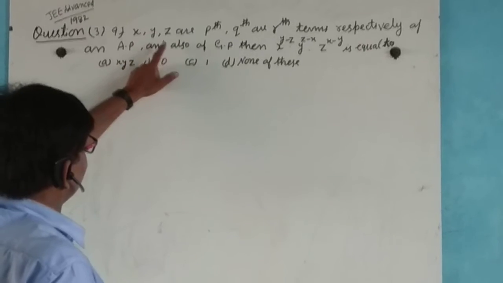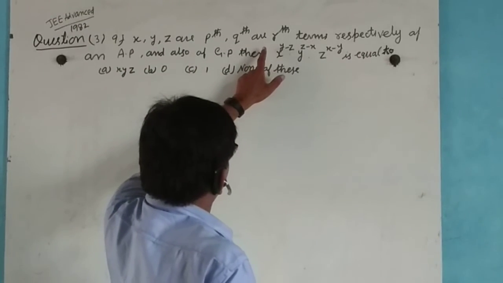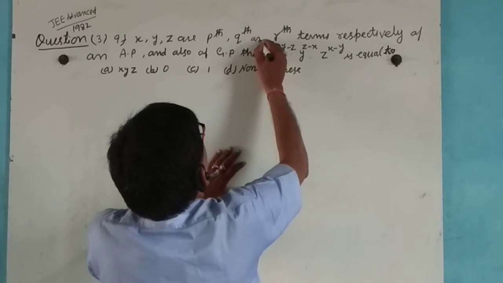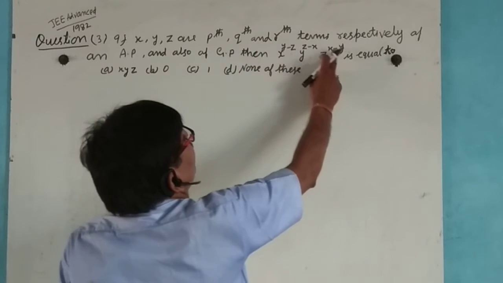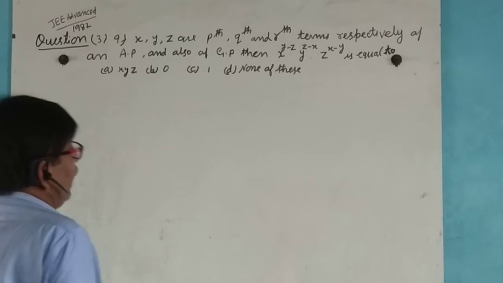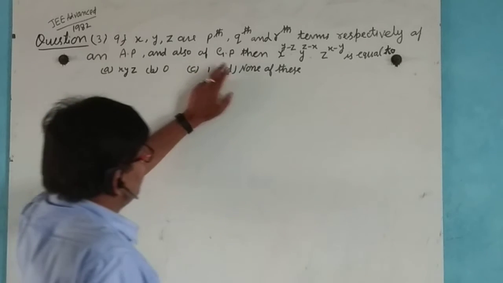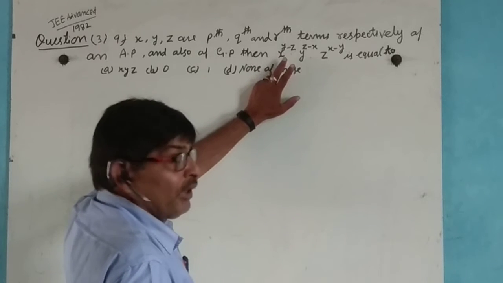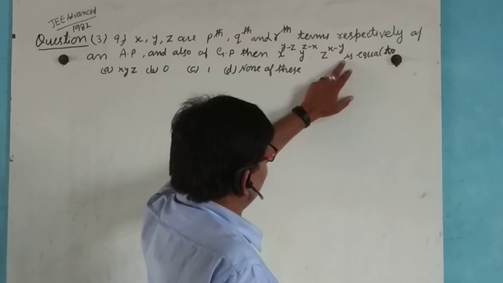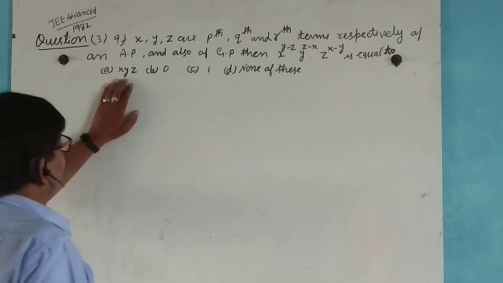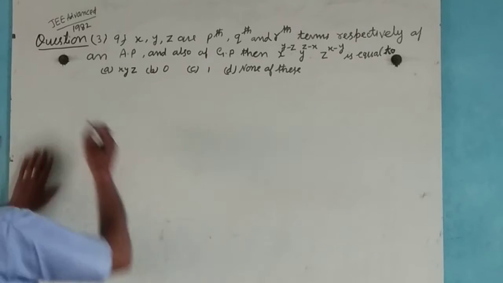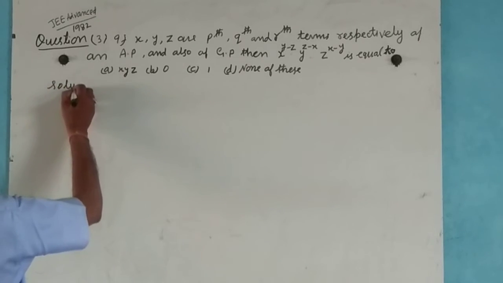If x, y, z are pth, qth and rth terms respectively of an AP and also of a GP, then x to the power y minus z, y to the power z minus x and z to the power x minus y is equal to: A, xyz; B, 0; C, 1; D, none of these.